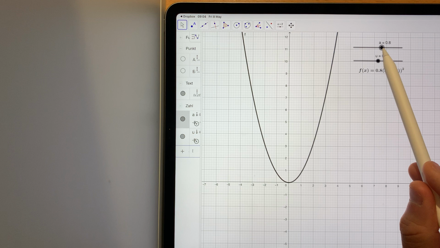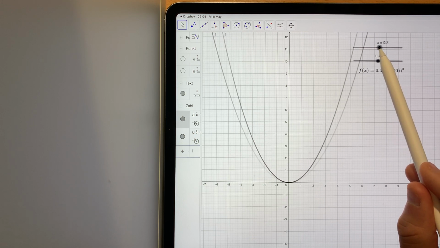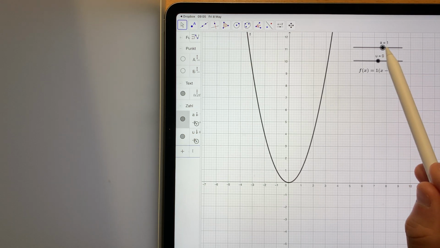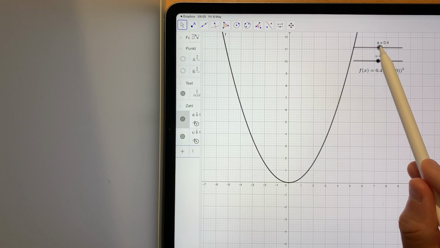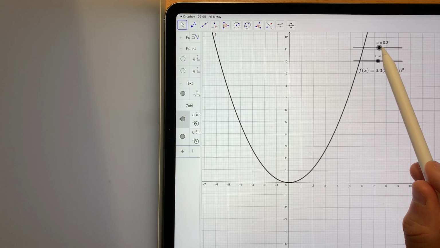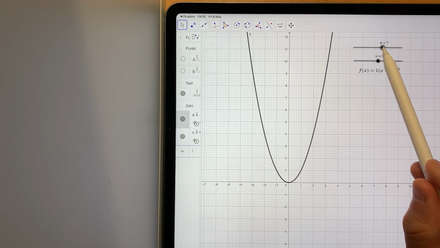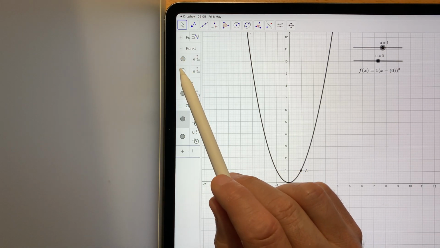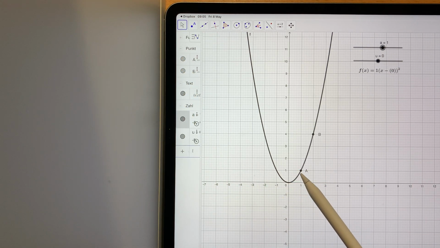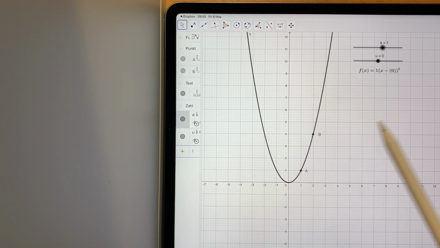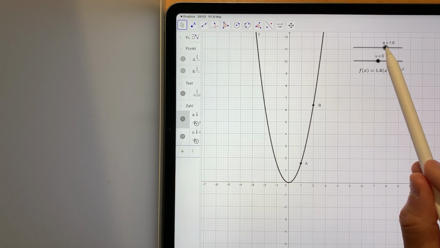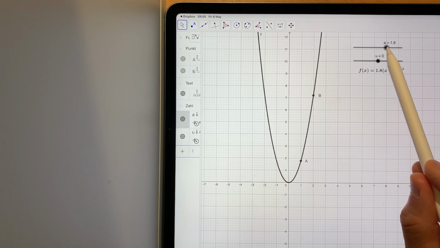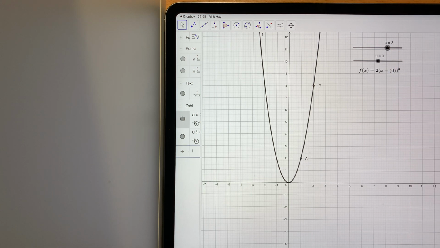Now look, I've introduced the vertical stretch and vertical shrink. Let's put it back to 1 first and switch on A and B. Look, 1 to the right, 1 up, 2 to the right, 4 up. As I stretch it vertically, for example, I multiply everything by 2.